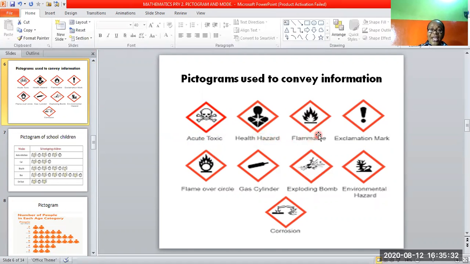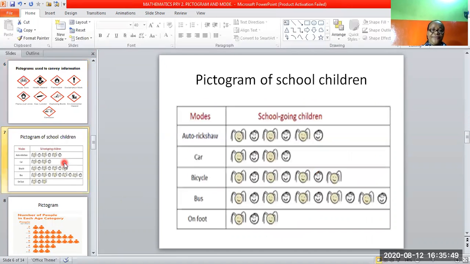There is inflammable, exclamation mark, flame over circle, gas cylinder, exploding bomb, environmental hazard, and pollution. Are we together? Beautiful. Remember, pictographs can also convey information without words.